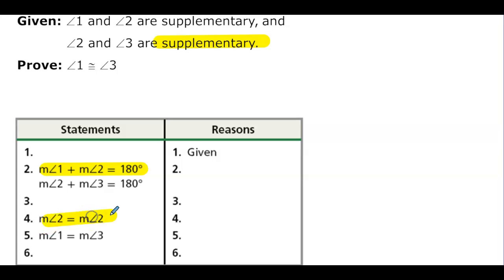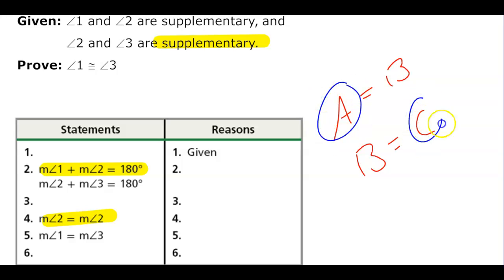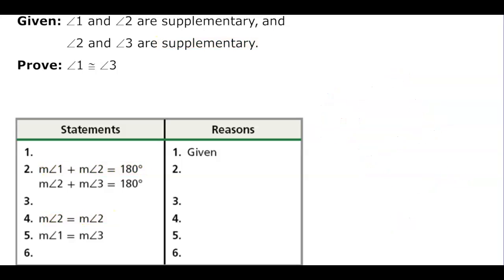If we know something is equal to itself, you should automatically know that that's the reflexive property. If at any point you see A is equal to B, and that same B is equal to something else, maybe C, then we know that A is equal to C. That's our transitive property. So once again, you'll start kind of seeing these over and over and over, and hopefully you'll get better and better at these geometric proofs. That is all for today.